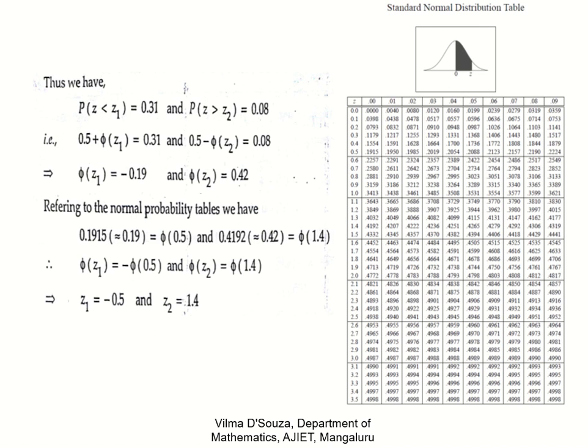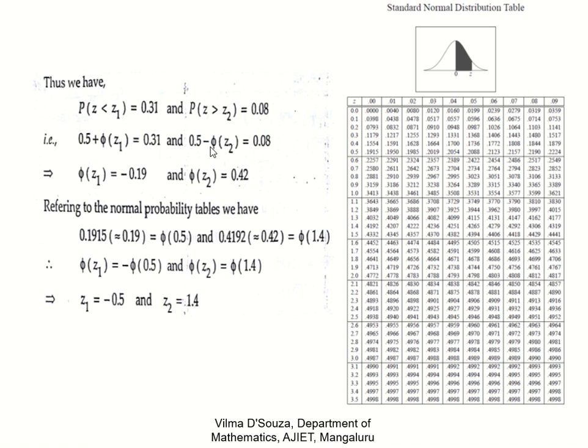That's what I have written here. P of z less than z1, where z1 is 45 minus mu by sigma, is 0.31, and P of z greater than z2 is 0.08.